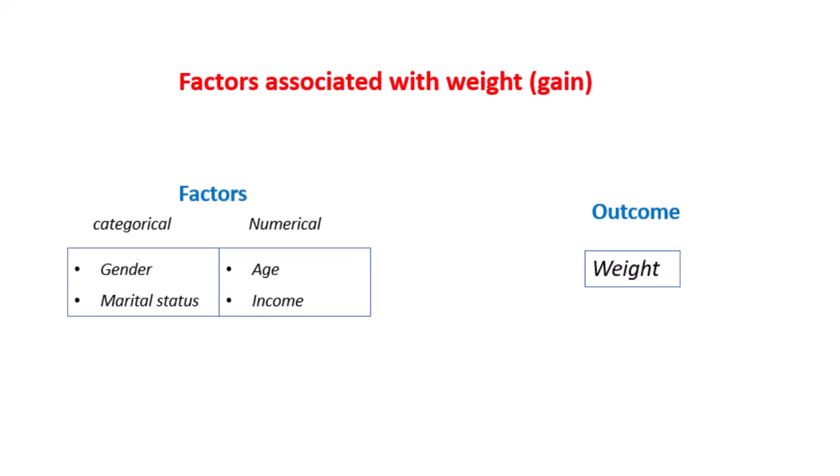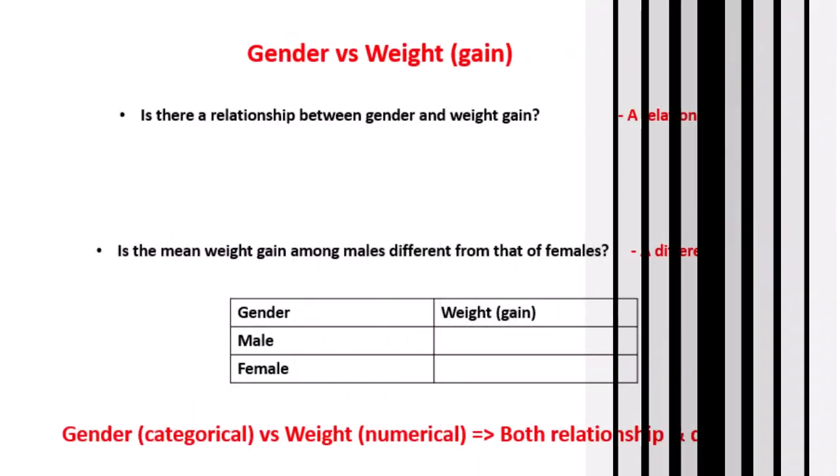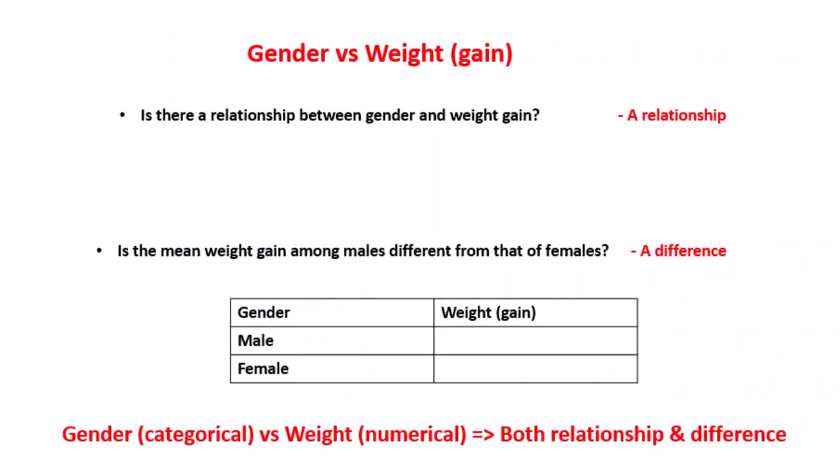On the other hand, we are also going to look at age and income, which are numerical variables that we want to see their association with weight gain. So let's start with looking at the first factor, gender versus our weight gain. One person may ask themselves, I want to know whether there is a relationship between gender and weight gain.